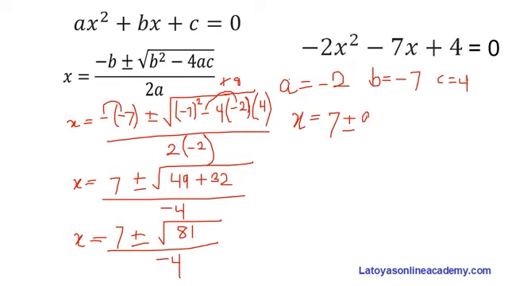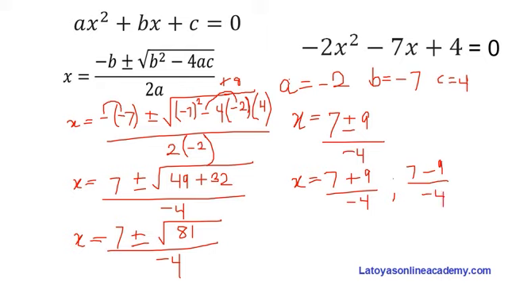The square root of 81 is 9 over minus 4. The next step, we're going to do this. X is equal to 7 plus 9. Now you see I've been using the plus or minus throughout the sum. Plus 9 over minus 4. And here we're going to have x is equal to 7 minus 9 over minus 4.